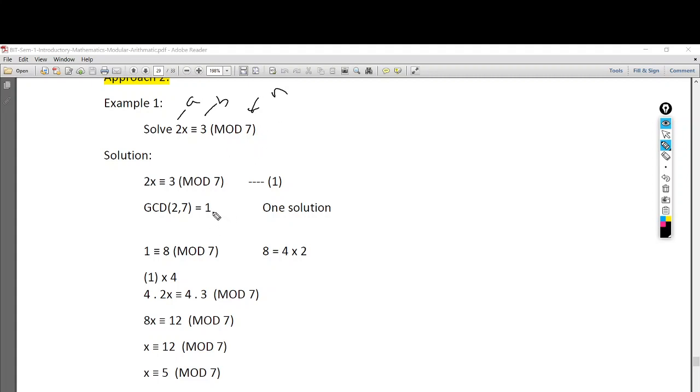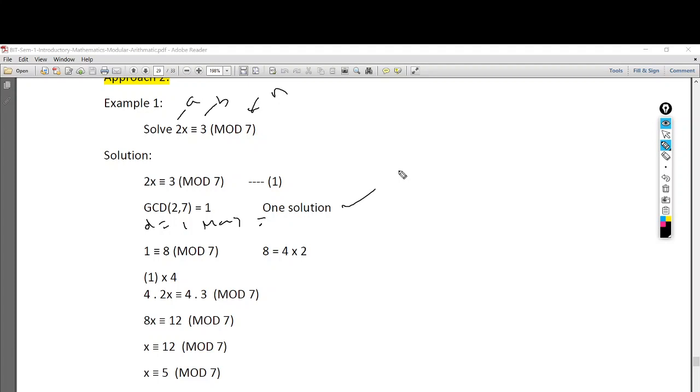In mod 7, that step I skipped, you have to find d equal 1 mod 7, which is anyway 1. So therefore we know that it has one solution. Now let's see how to find that solution without using those formulas, dividing by that d value, etc.